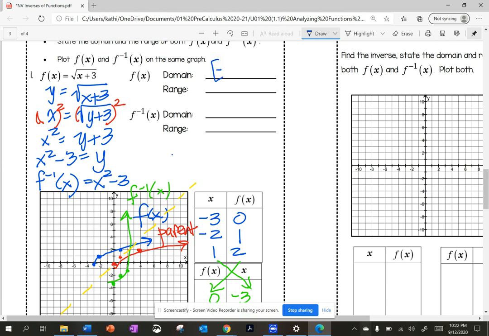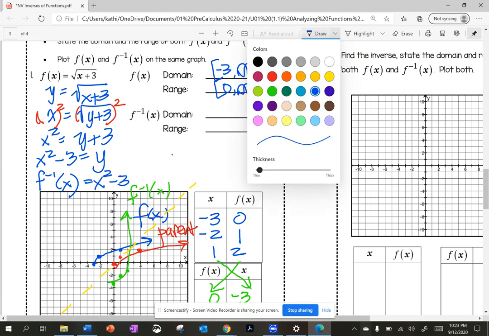So I'm including -3 and I continue to infinity. And my range is from bottom to top. So the bottom is 0 and top is infinity. I'm including 0, so I'm going to use a bracket. So that's for my original function.